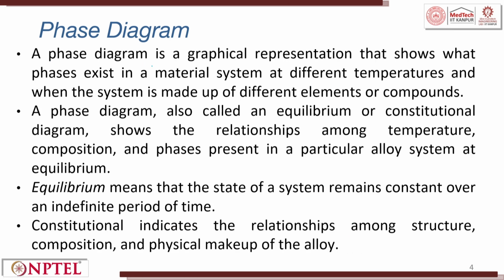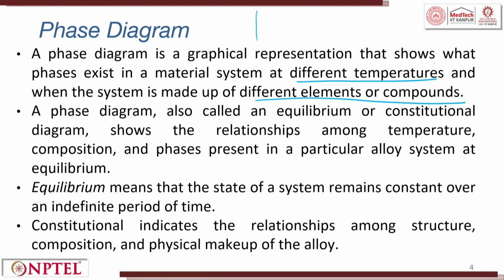A phase diagram is a graphical representation that shows what phases exist in the material system at different temperatures and when the system is made up of different elements or compounds.